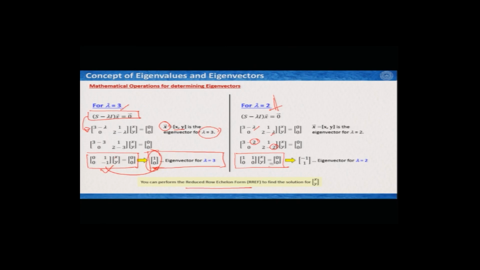And again, if you solve for x and y using the RREF method, you can find the values for x and y as minus 1 1, and this is exactly what we have seen before, the eigenvector for eigenvalue 2. So, this is how mathematically you can figure out your eigenvalues and eigenvectors.